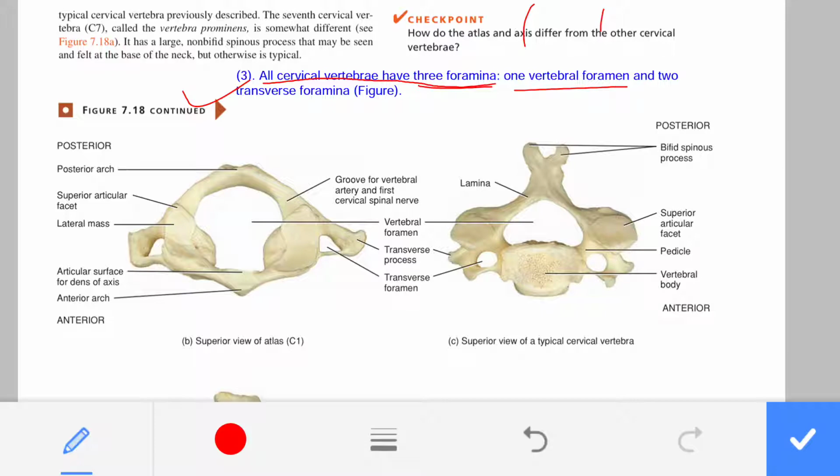One vertebral foramen, for example, in the figure, as you can see, this is the vertebral foramen. So all cervical vertebrae have one vertebral foramen, and two transverse foramina. For example, this one is the transverse, this one, and this one. So as you can see, one vertebral foramen and two transverse foramina are present in all cervical vertebrae.